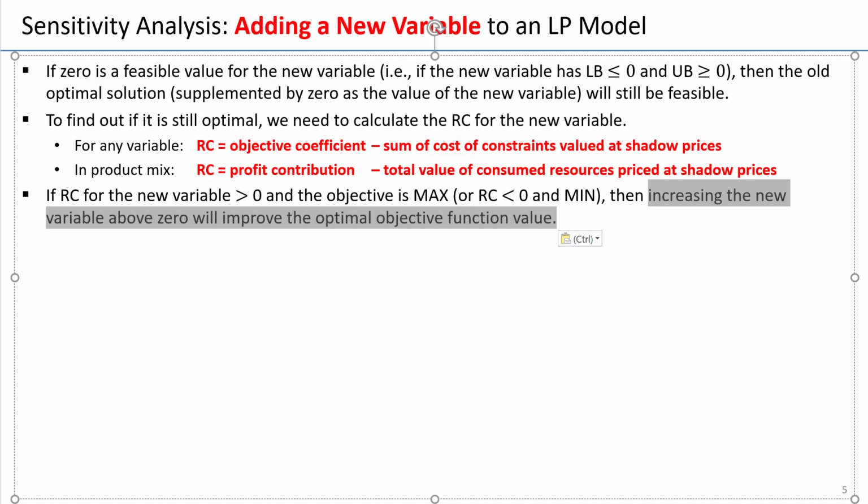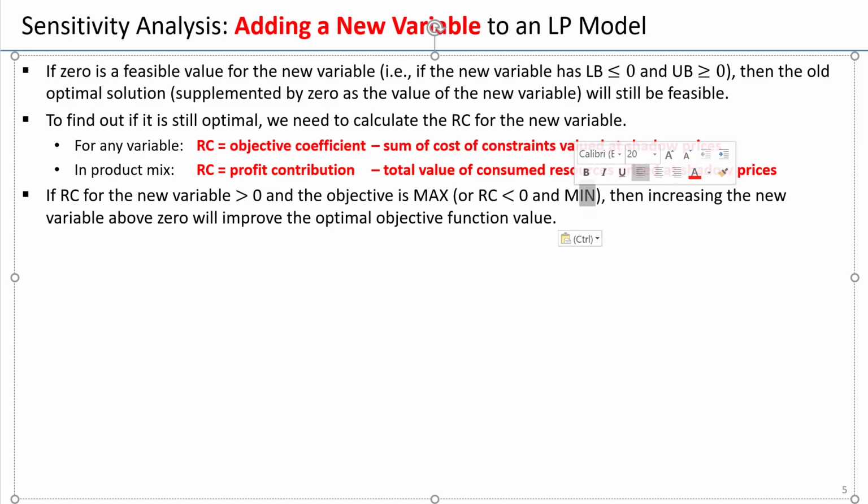And by analogy, if the objective were minimized and the reduced cost were negative, then increasing the variable would decrease the objective, which would also be good because in minimization we want to decrease, right? So in this case, we would know it's a good change to increase the variable above 0, and that means we would have an improvement.